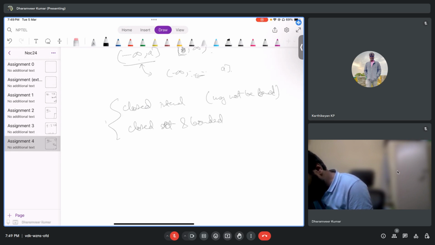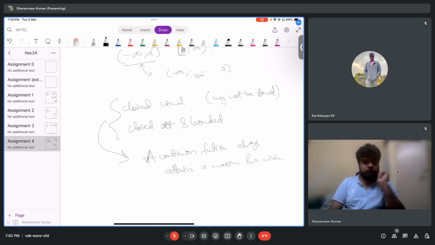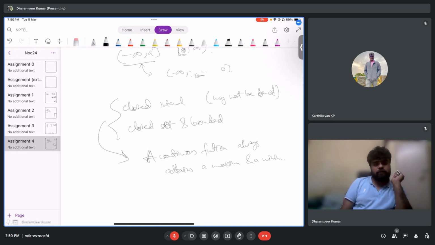These two have a very good property: a continuous function always attains a maximum and a minimum. Not just bounded, it attains the maximum and a minimum.